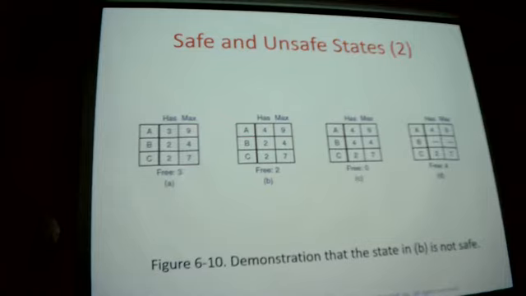We just allocate 1 to process A. So process A gets 4.